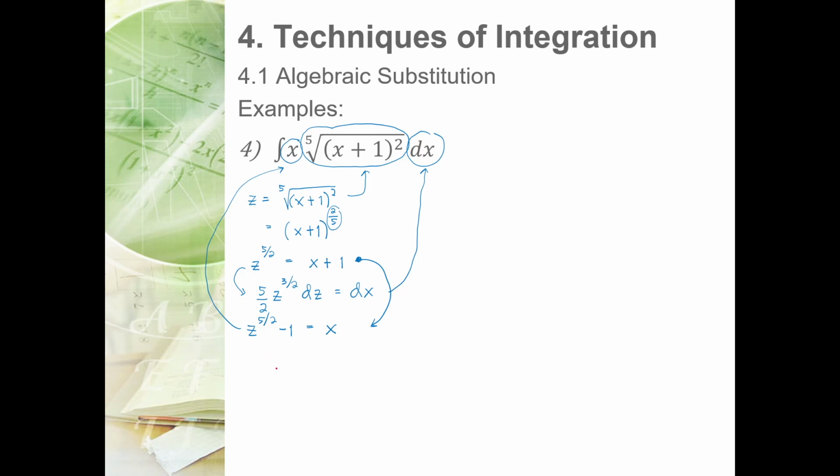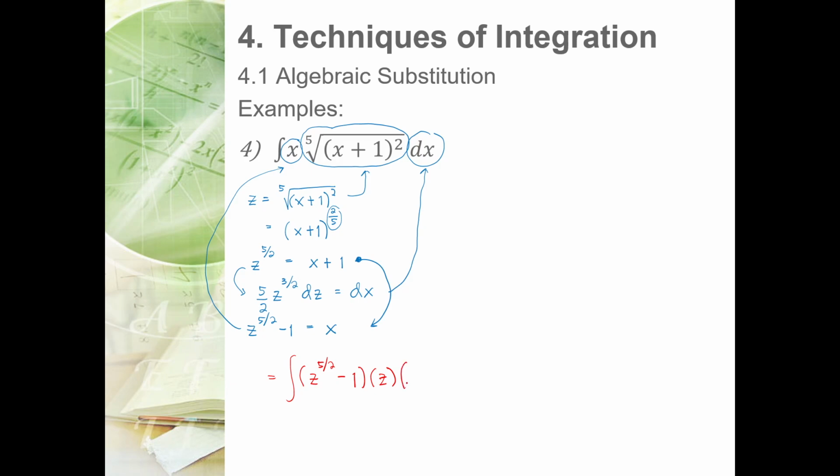So writing the new format, the integral of x, so instead of x, this becomes z to the 5 halves minus 1. And then next is your fifth root of (x plus 1) squared. That will be our z parameter, so times z. And then lastly is our dx.